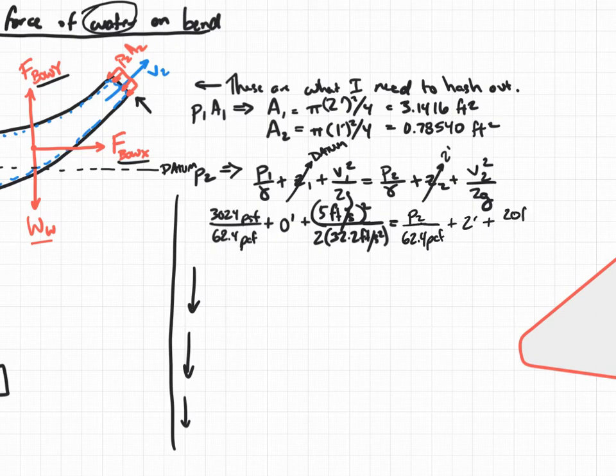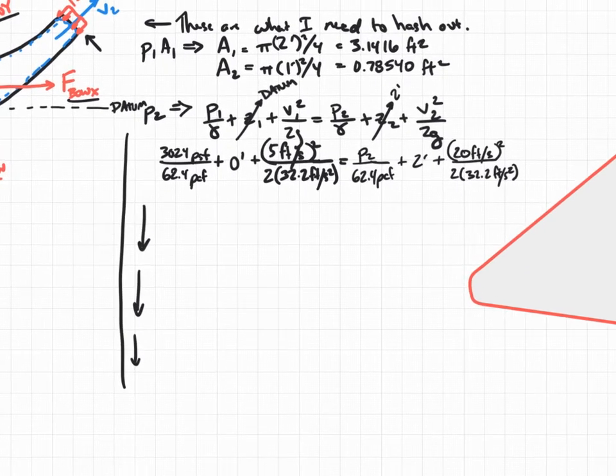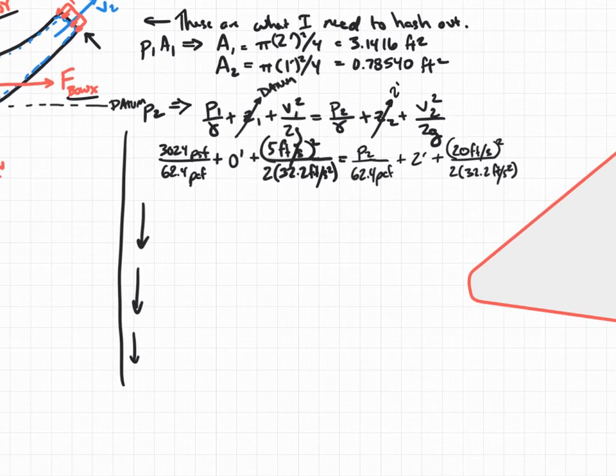V2 was 20 feet per second squared over 2 times 32.2 feet per second squared. Some things to note. I'm not going to just jump to the answer. I'm going to put in an intermediate step so we can talk about this.